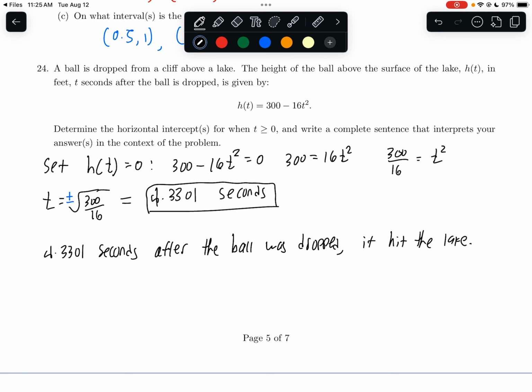Right, because it starts off with some height. 4.3 seconds later, the height was 0, which means it had to have hit the lake. So it took that amount of time, basically, to hit the lake from the cliff above.